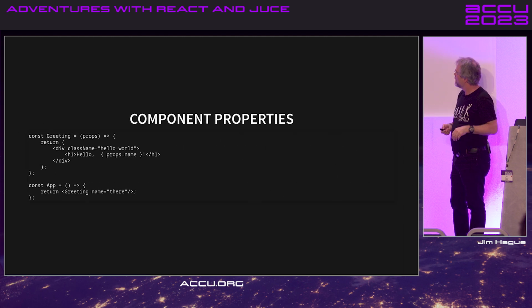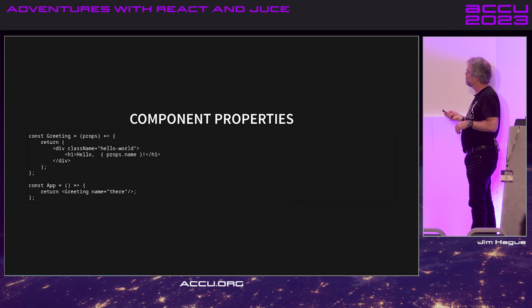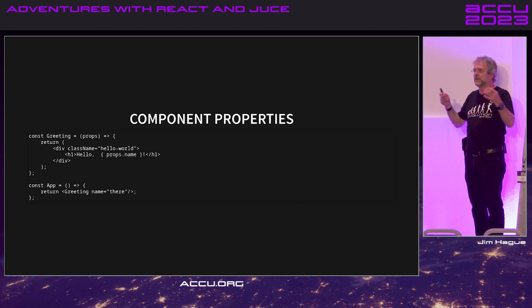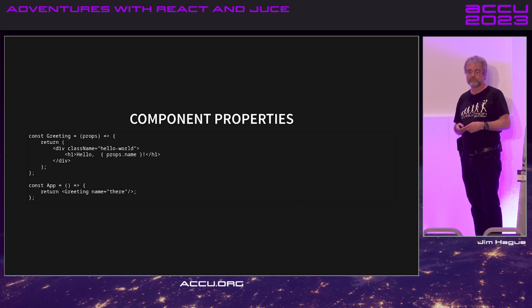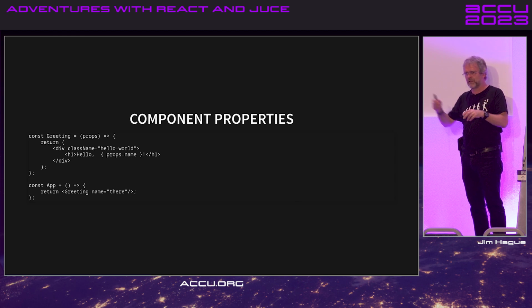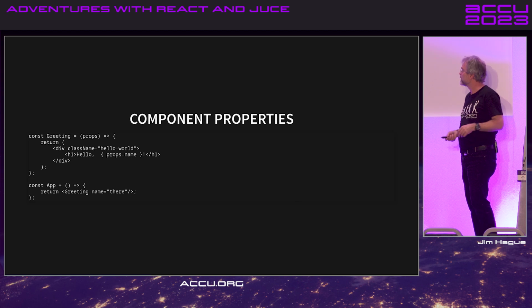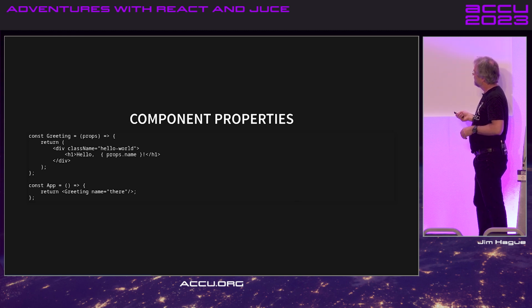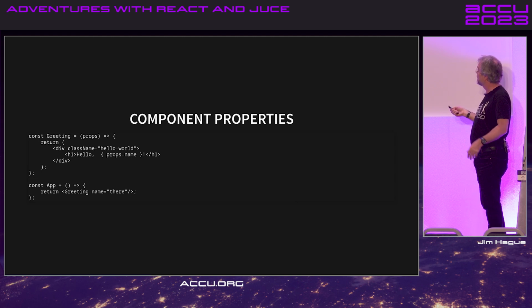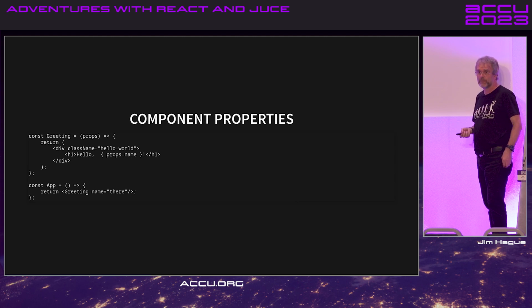So, the other thing that you do with components is pass properties into them. Now, properties are a JavaScript dictionary, a JavaScript object. JavaScript objects are kind of like Python dictionaries. Okay. And in particular, JSX also lets you substitute dictionary elements, or in fact, any bit of valid JavaScript in between the curly braces here.